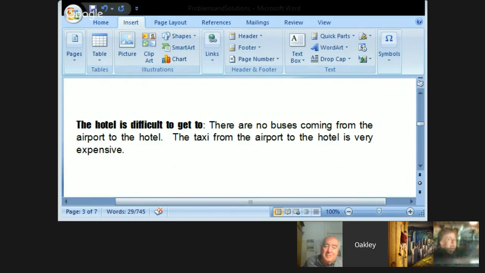Yeah, I think creating a shuttle bus system is a pretty good idea. Like every 15 minutes or so people from the airport to the hotel, and then we also put some advertisement in the airport.